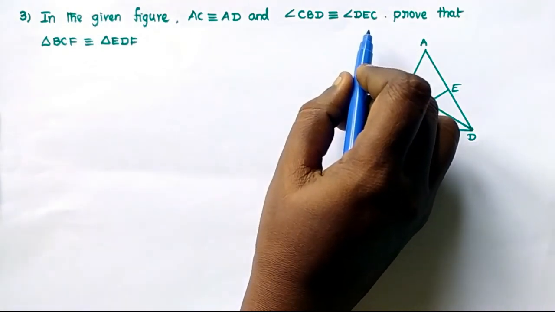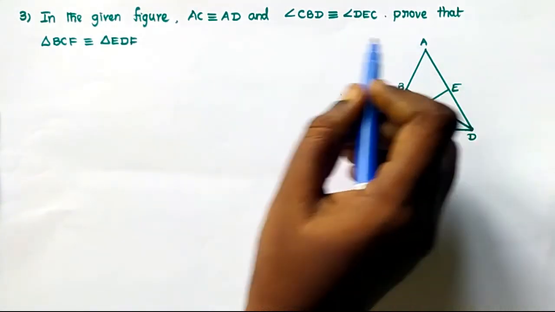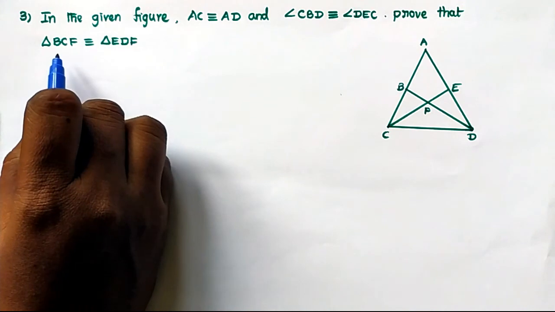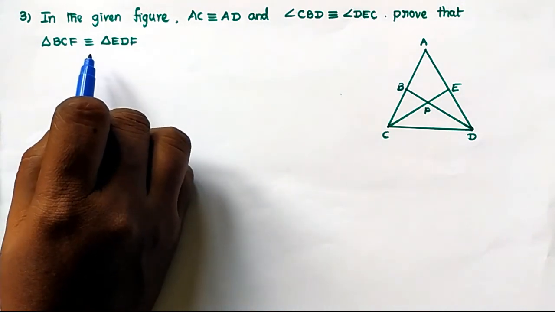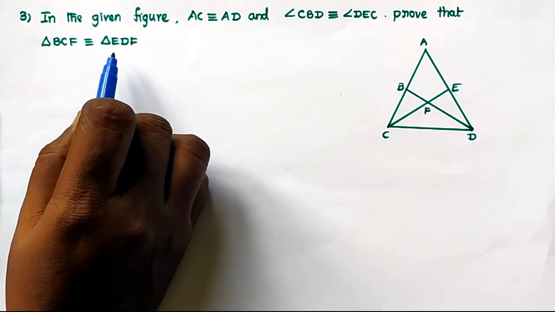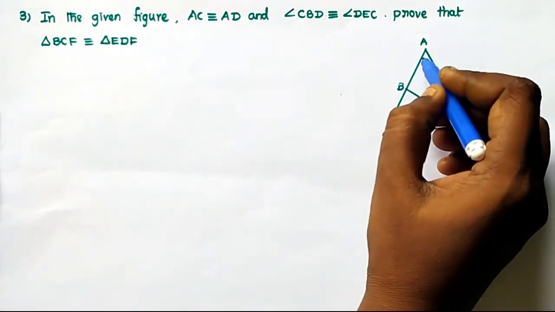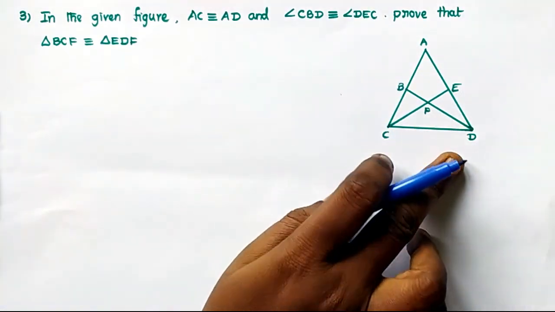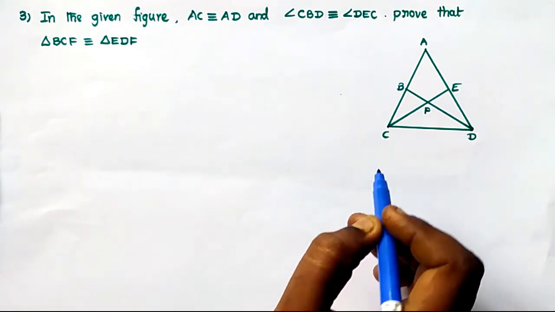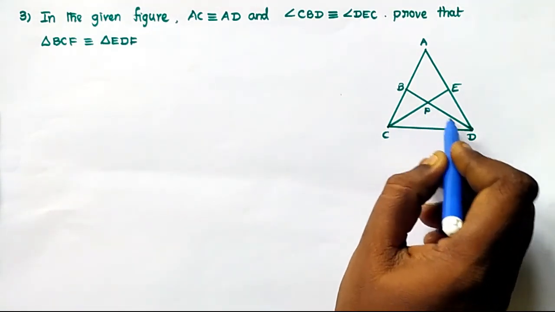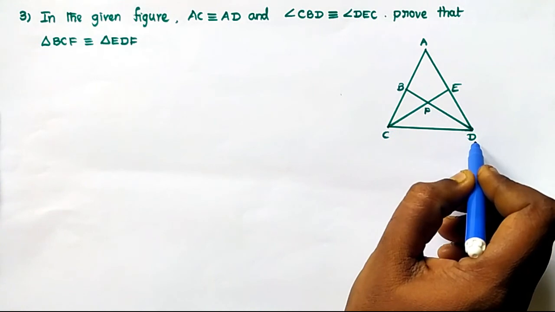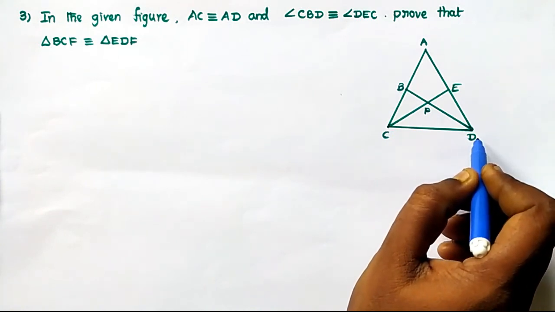Third sum, in the given figure, AC is congruent to AD and angle CBD is congruent to angle DEC. Prove that triangle BCF is congruent to triangle EDF. So in this figure, AC is congruent to AD and CBD is congruent to DEC.